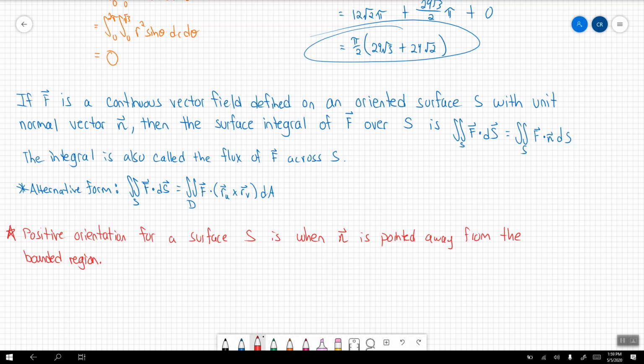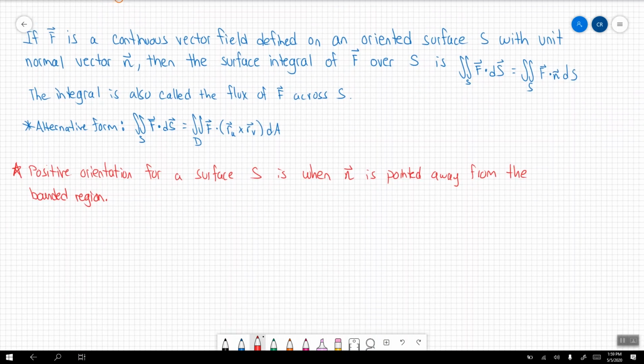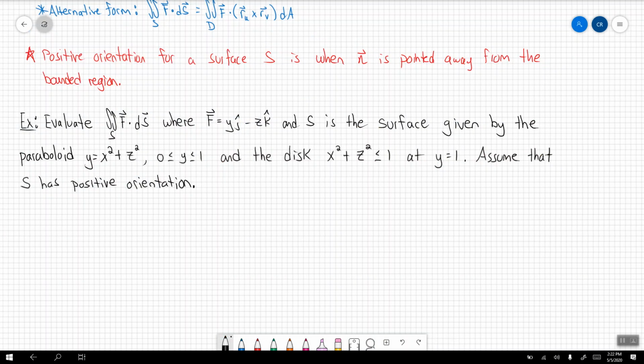All right, so let's go through, and we are going to do an example in just a little bit. All right, so here's the example that we're working on. We're going to evaluate the flux for this vector field across the surface S, and the surface is going to be this paraboloid given by y is equal to x squared plus z squared, where y is bounded by 0 and 1.